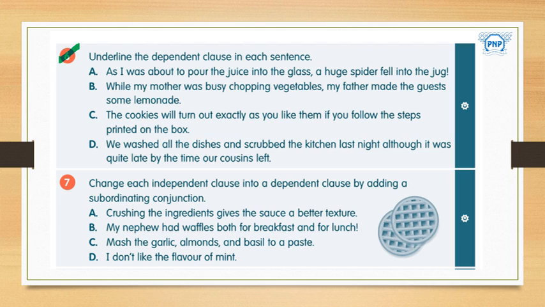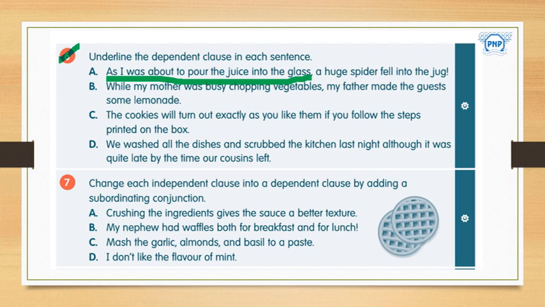You can easily see here, "as" is also a part of subordinating conjunctions. So this complete sentence is nothing but an example of a dependent clause, correct? And I hope you can find the dependent clause in the remaining sentences.